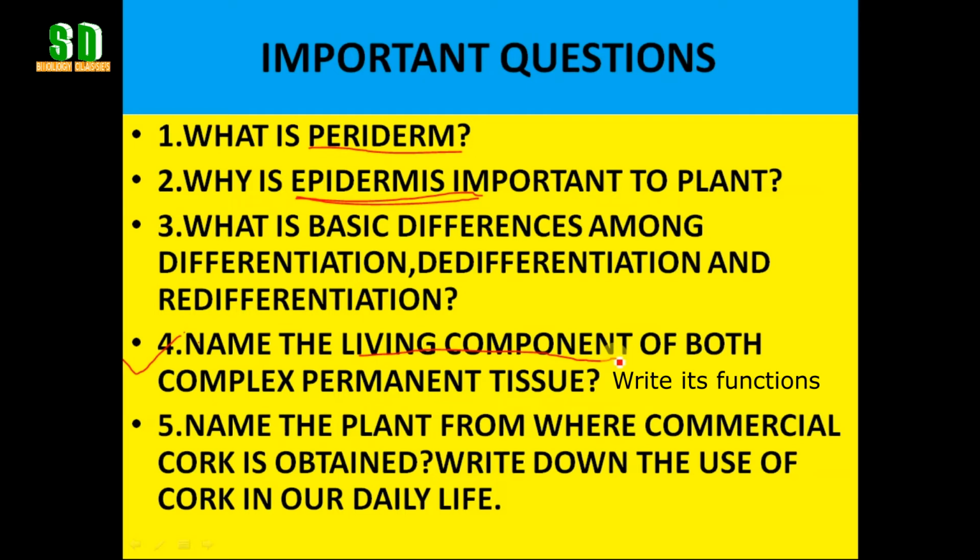Its main function is storage. Secondly, it also helps in sideways conduction of food in phloem tissue, and sideways conduction of water in xylem tissue. You have to remember that function also.